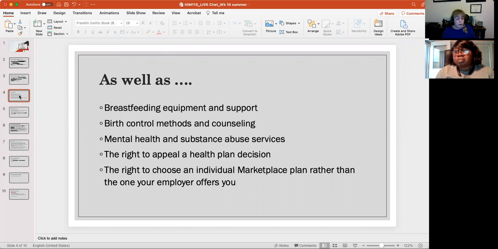So if your doctor says you need a procedure or a service, and the initial claim is denied or request for approval is denied, you have the right to appeal that decision and bring it up to a peer court, which would be a group of physicians who have the same specialty as your doctor, can review your case and maybe say, you know what, this patient really does need this, so we're going to approve it. We're going to overturn that denial.